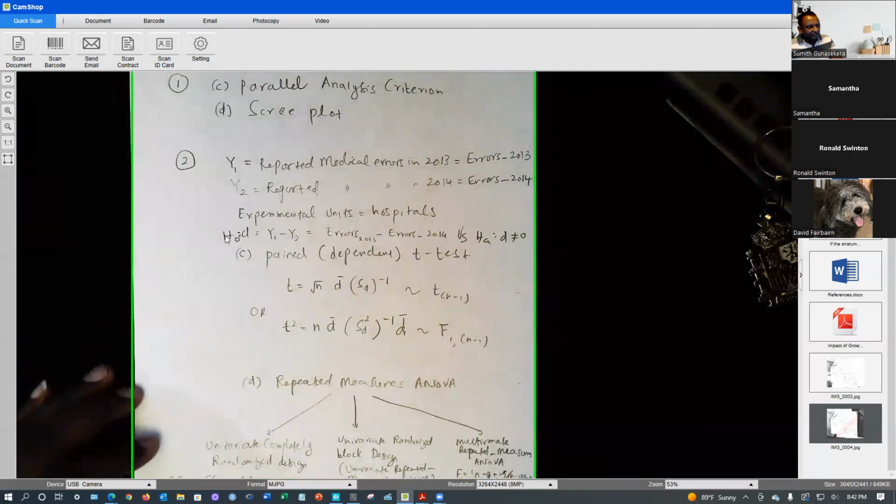H naught says there is no difference between the errors, that they have the same errors, versus HA: D not equals 0.